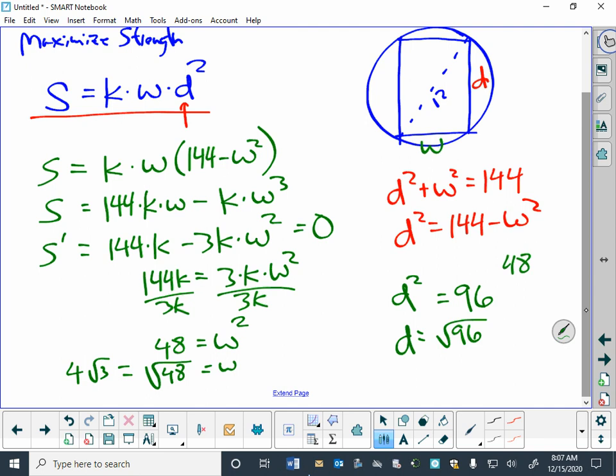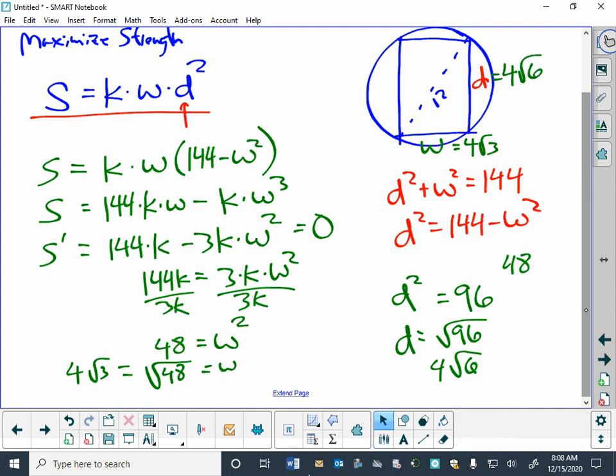And I believe that is, let's see, 96 divided by 16, that's 6, so that's 4 root 6. So my width is going to be 4 root 3, and the depth is going to be 4 root 6.